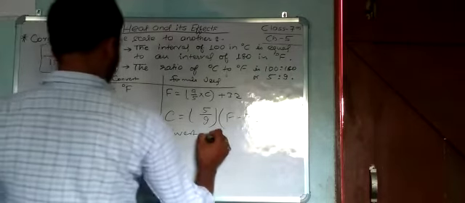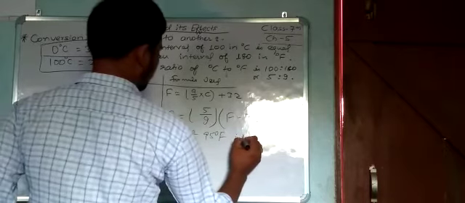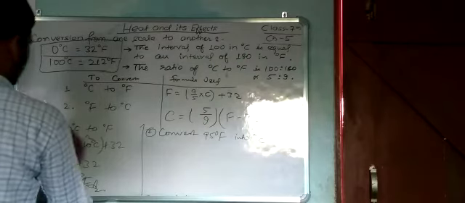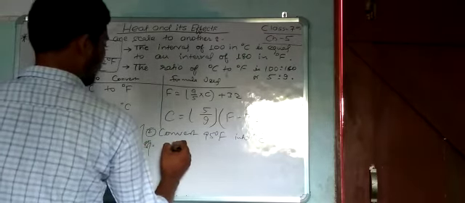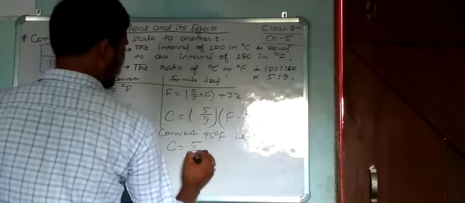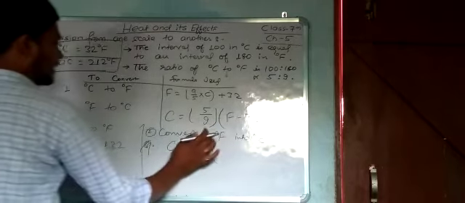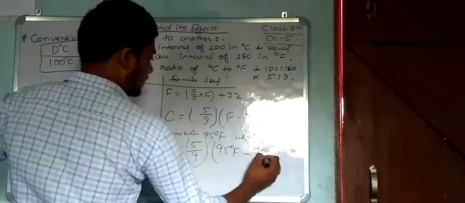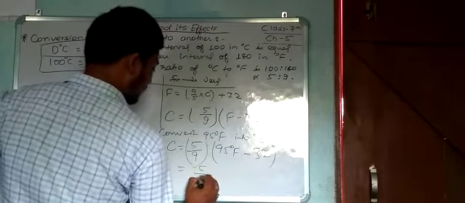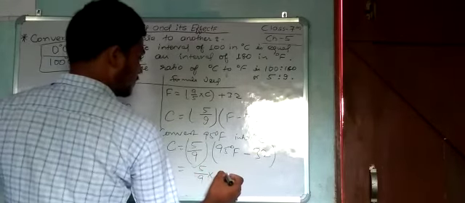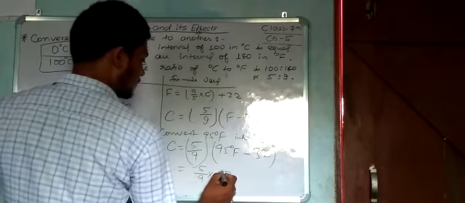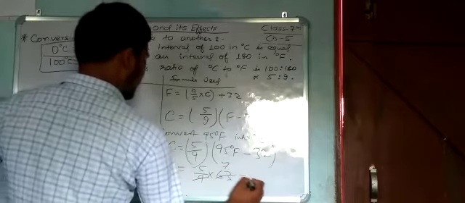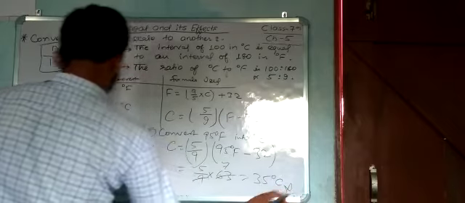Convert 95 degree Fahrenheit into degree Celsius. We know that degree Celsius is equal to 5/9 into Fahrenheit, which is here 95 degree Fahrenheit minus 32. 5/9 into 63, which is 7 times 5, 35 degree Celsius.